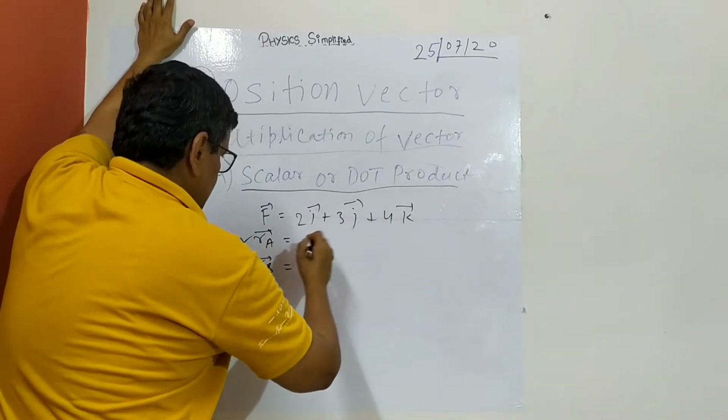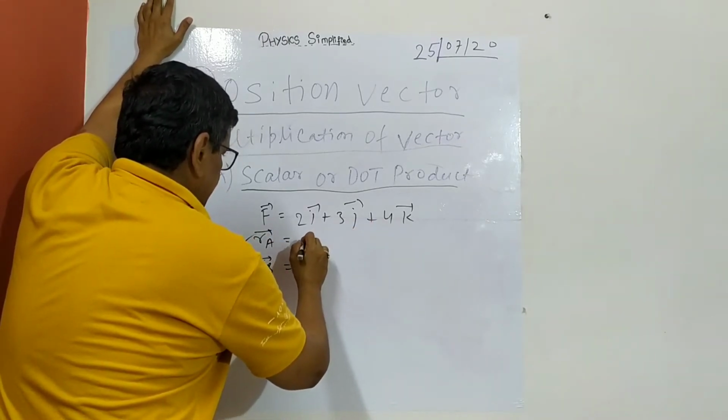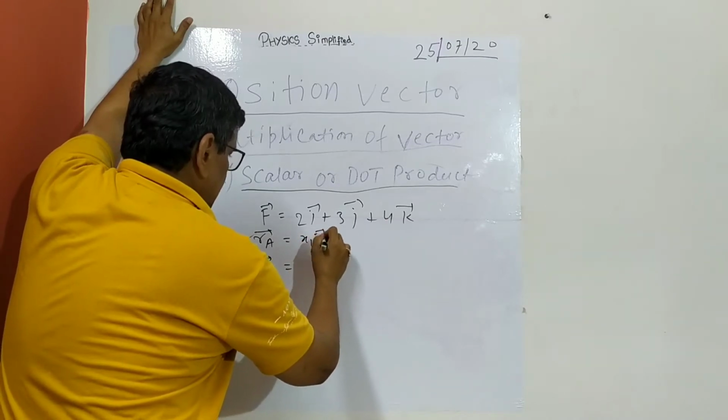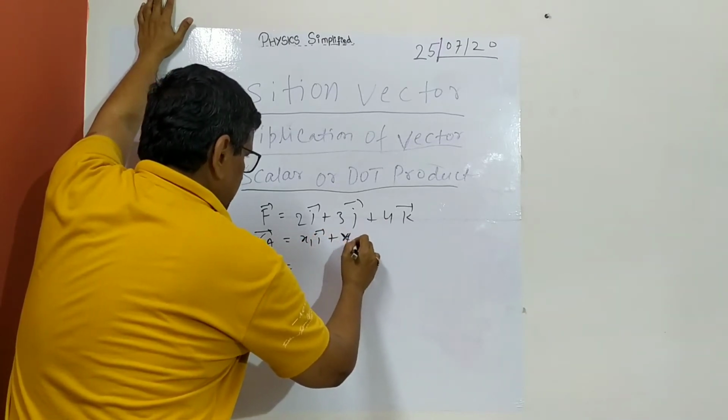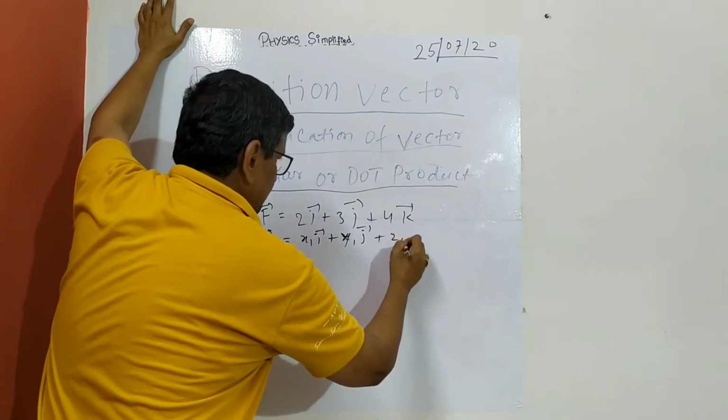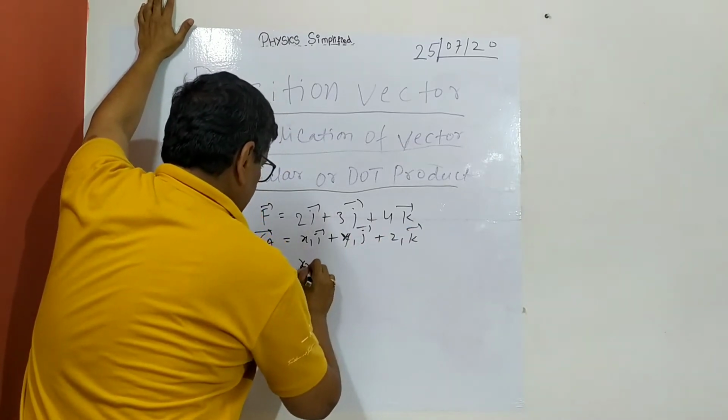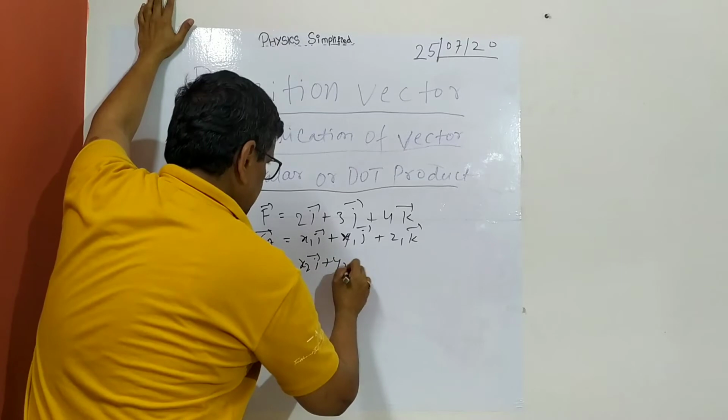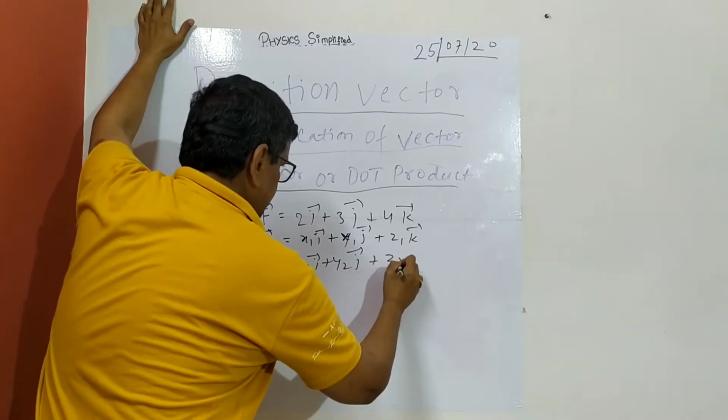This is also given, say, x1i plus y1j plus z1k, and x2i plus y2j plus z2k.